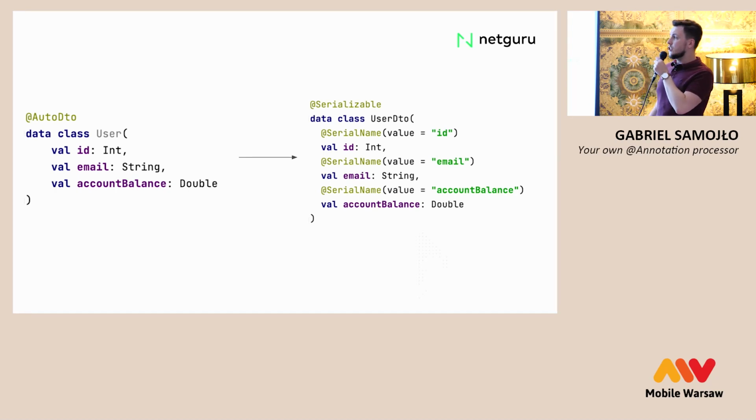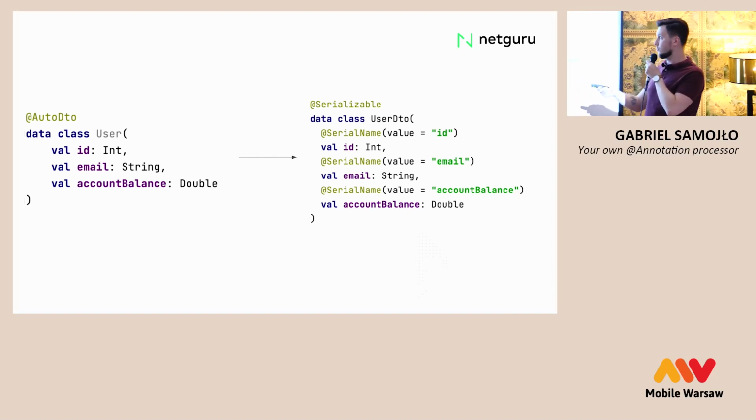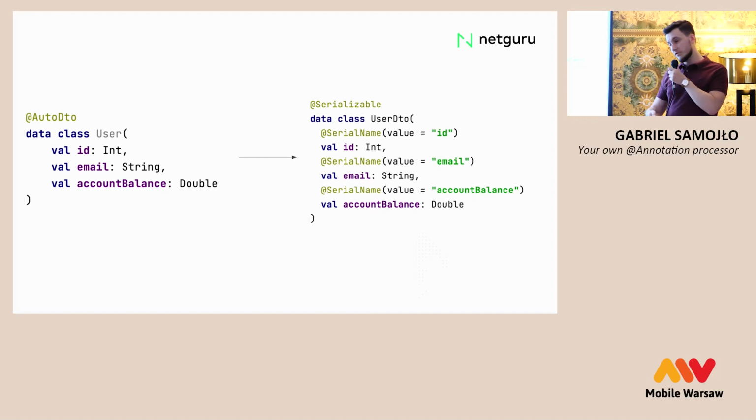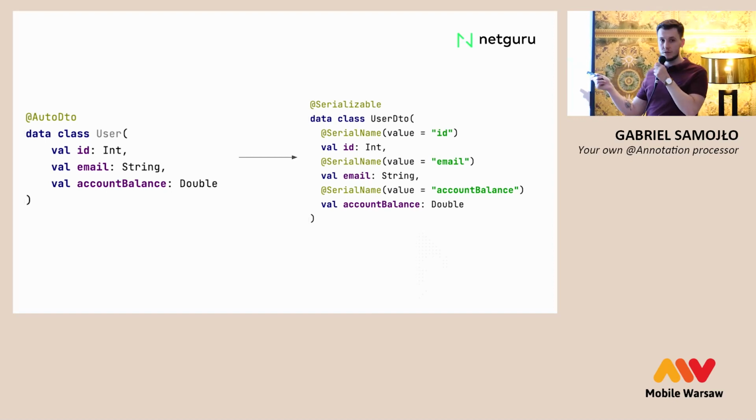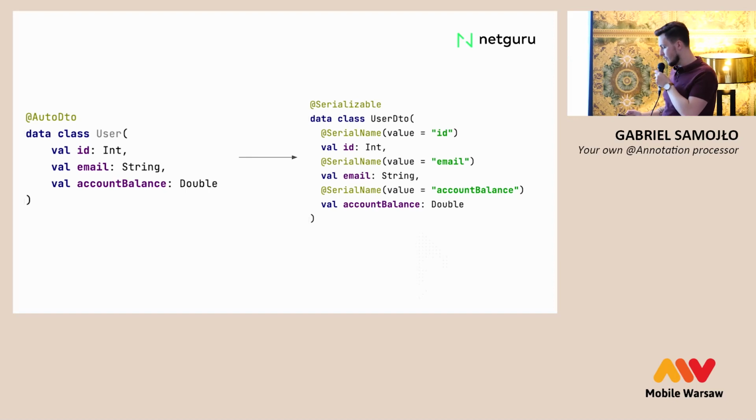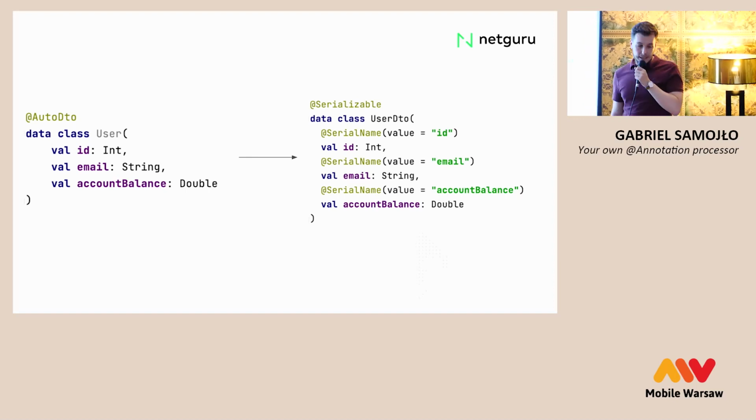I want to achieve something like this: I have a plain data class User with some fields, ID, email, account balance, etc. And I want to have an annotation, AutoDTO, to mark my class. What I want to achieve is to have a generated class UserDTO with all the annotations that we are using for networking. So it should be serializable, have proper serial names, etc.